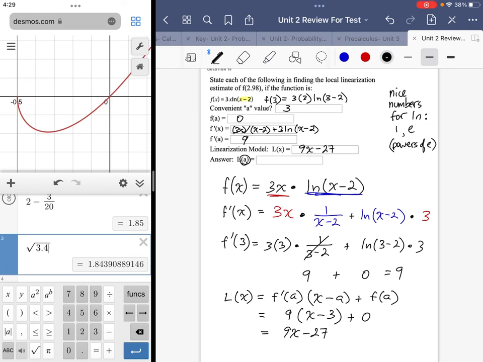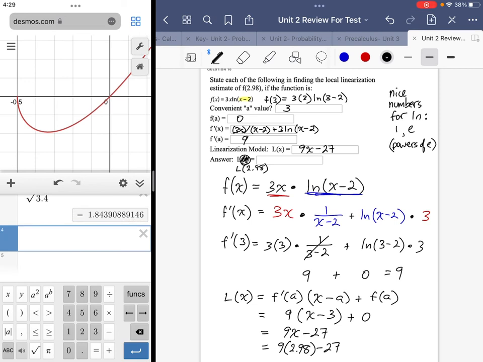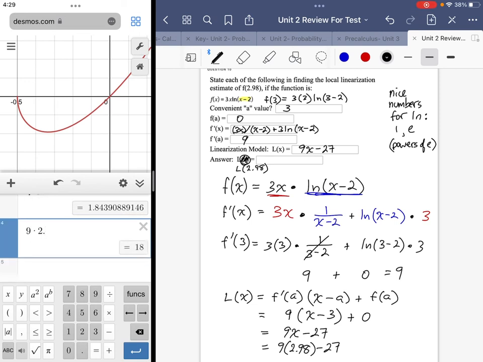All right, so the linearization, I apologize for this. This shouldn't be an a, because if we put an a in there, that could just give a 0. This should be L of 2.98. All right, so you'd get that by plugging in 2.98 for x. So 9 times 2.98 minus 27, which would be negative 0.18.